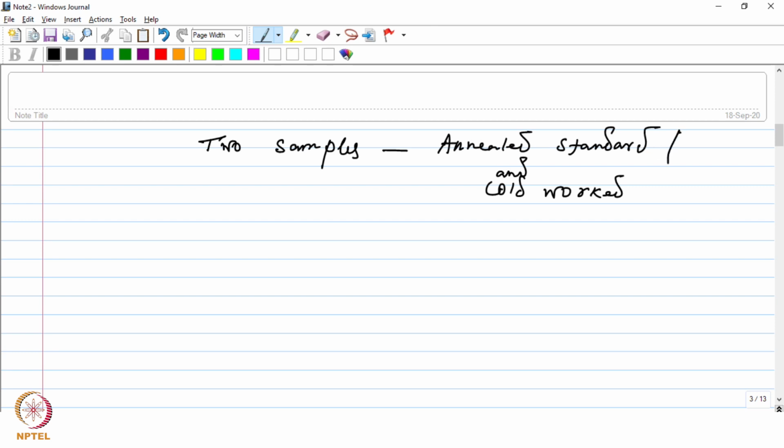So you take these two samples in an instrument in which you can actually measure the power which is required to heat these materials to a particular temperature. So you can actually see the difference of power which is required to heat the standard sample and the cold worked sample to a particular temperature, okay?